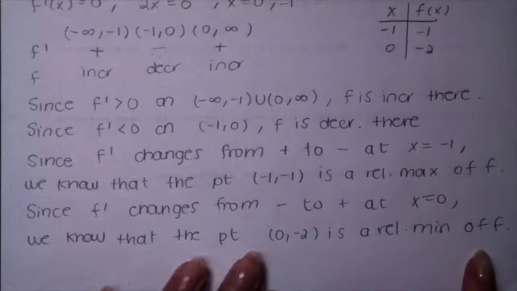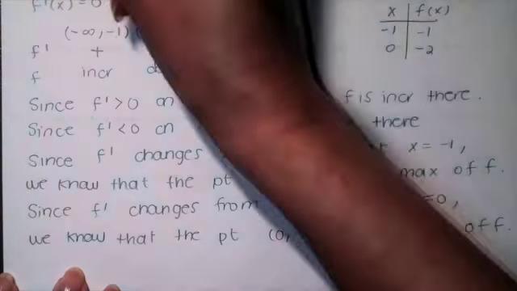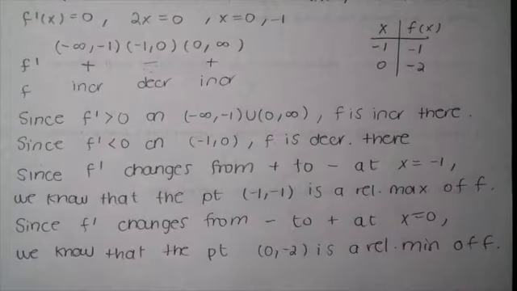Very important that you say the name of the function. So we justify our answers, and that's it for this problem. What do you think? It's not that bad, right? So let's move on and work on more examples.